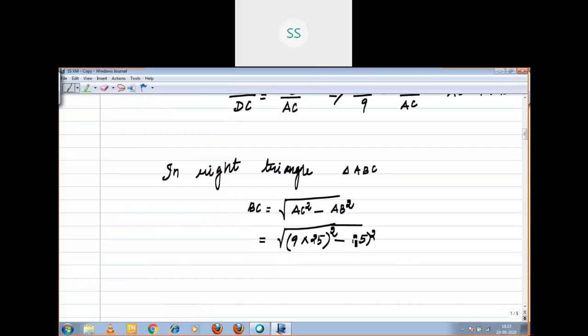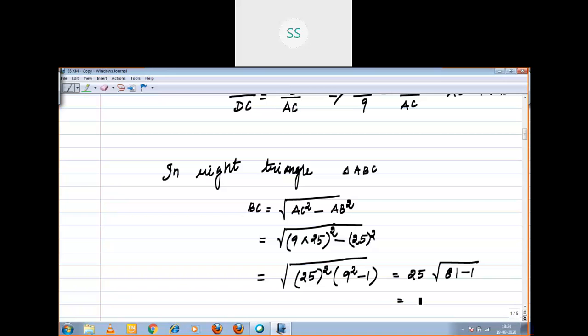Now, what is our AC square? AC square we arrived as 9 into 25 the whole square. Right? I didn't multiply. For some reason, I didn't multiply. The next step you can understand why I didn't multiply. AB is nothing but 25 square. In both the things, 25 the whole square is common.